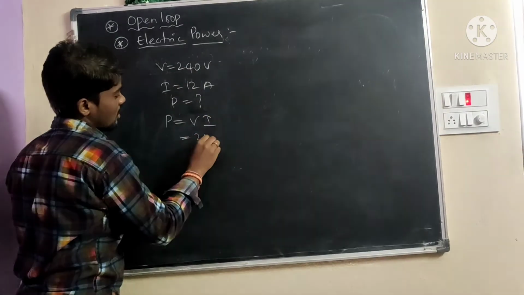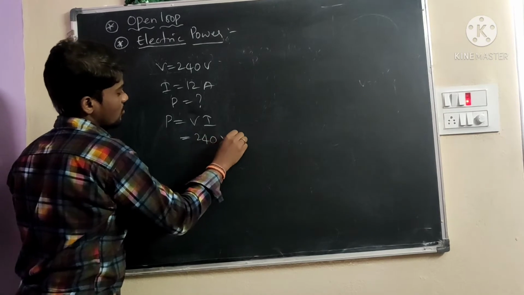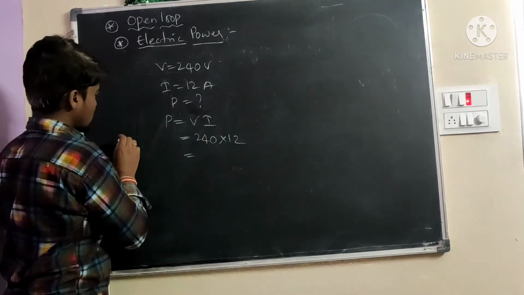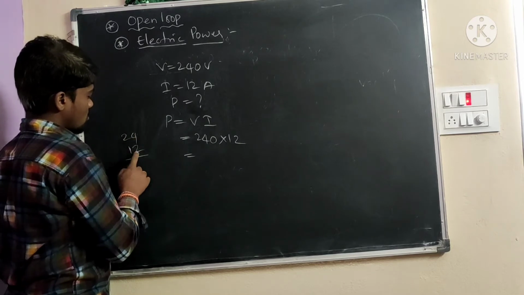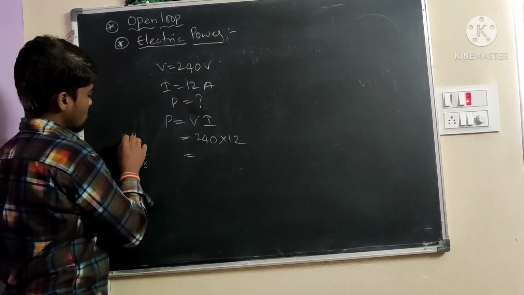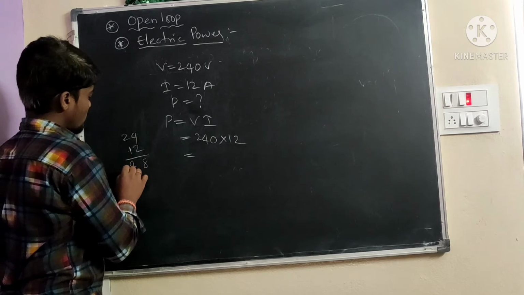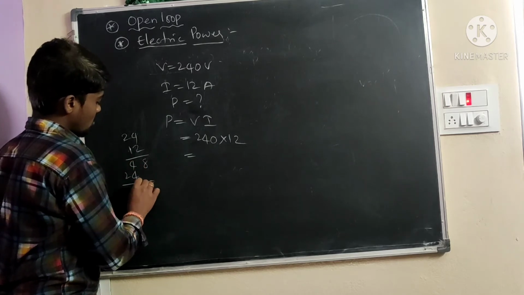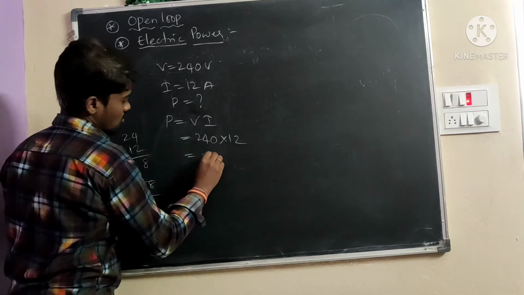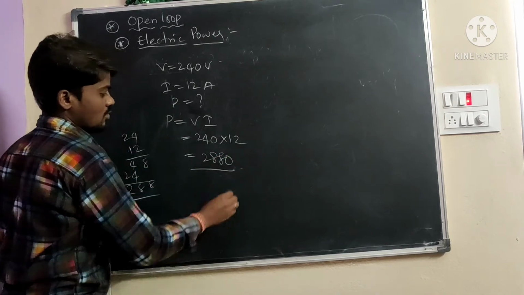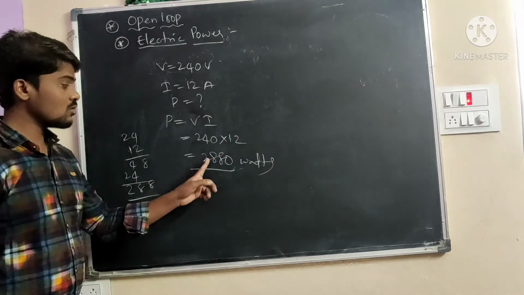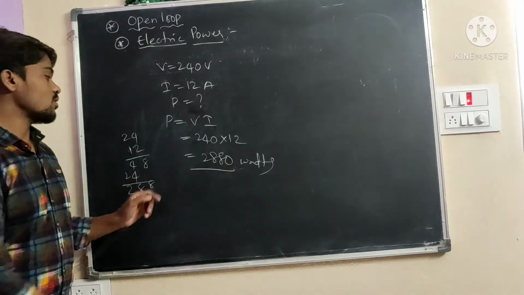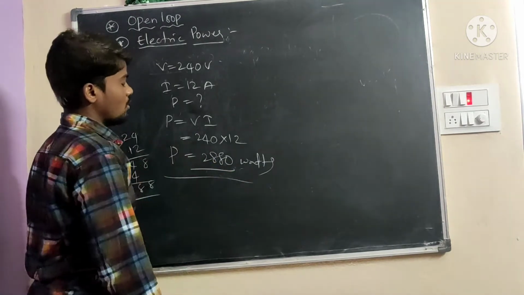V is 240 and I is 12. How much is it? 240 into 12 is 2880 watts.